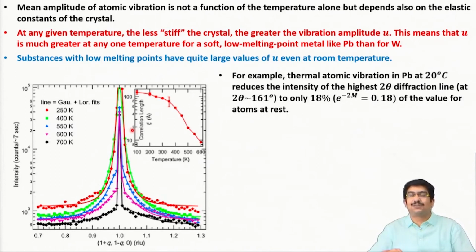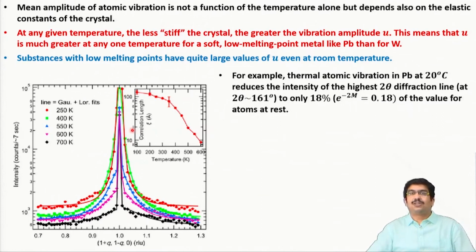For example, if we go to something like lead, which has a much lower bond strength compared to a higher atomic number element like tungsten, tungsten has an elastic constant which is much higher than something like lead.